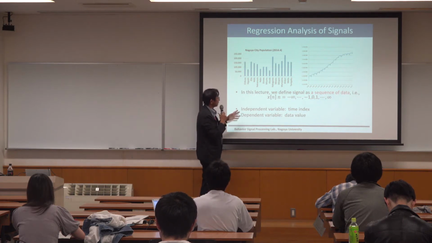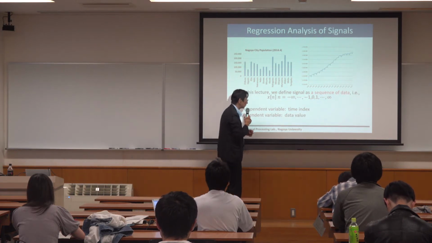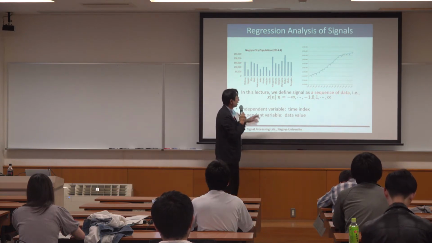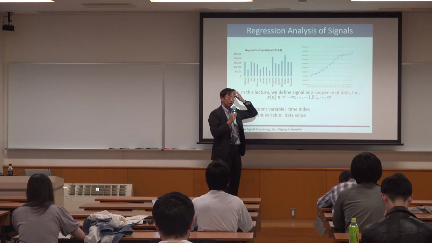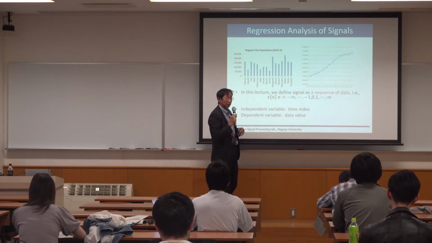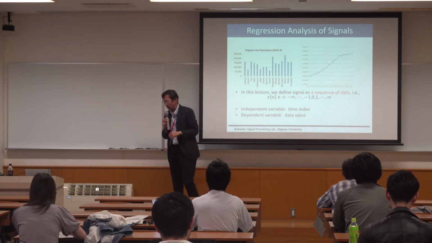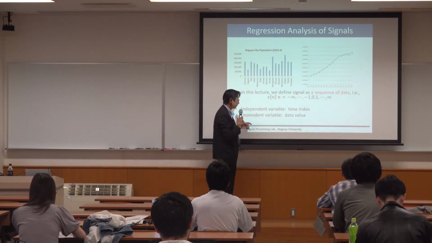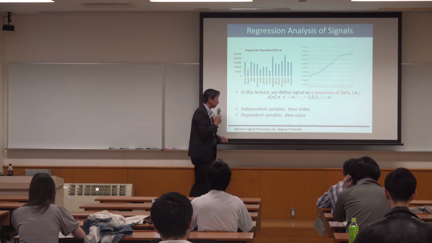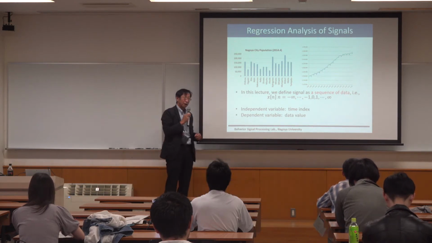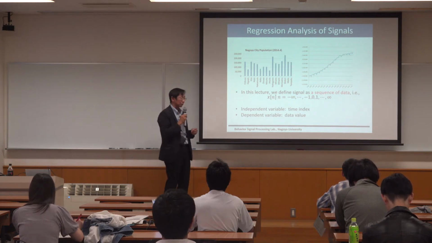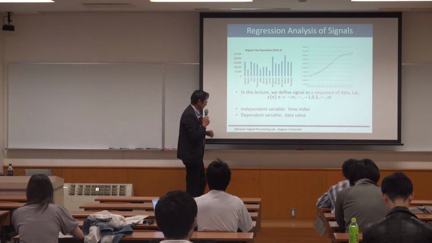In this lecture, I will try to explain how we determine the model, which in the previous case was defined in terms of A1, A2, A3, and so on, which are the coefficients for the constant term, the n term, and also the sine term.